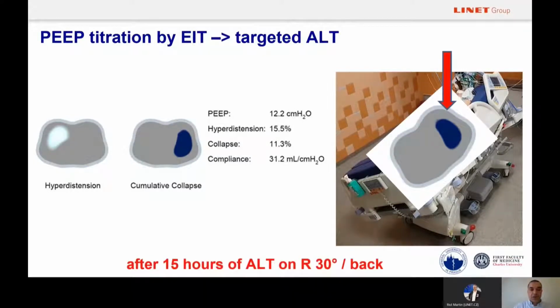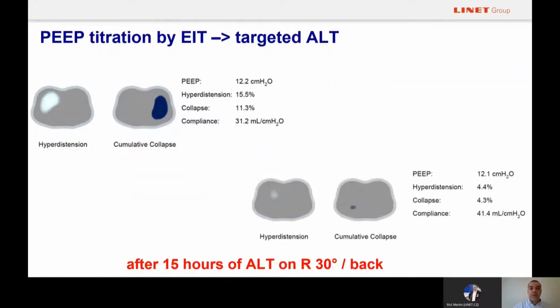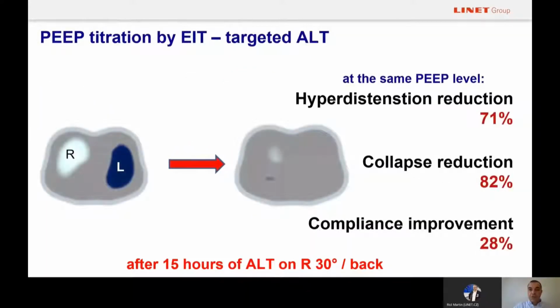After 14 hours of ALT, on the right side, 30 degrees, and the back, every position for 60 minutes, we can see a huge difference at the same level of PEEP, that by tilting alone we can homogenize the lung tissue. And we can reduce the hyperdistension, reduce the collapse, and improve the compliance.